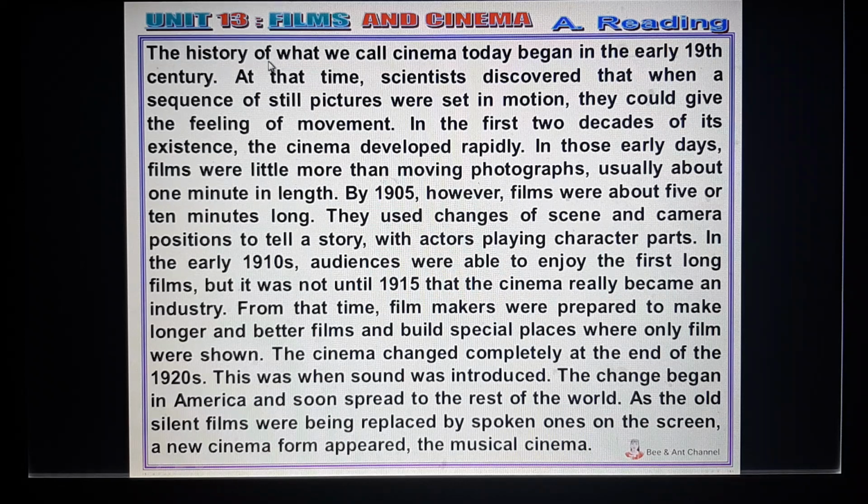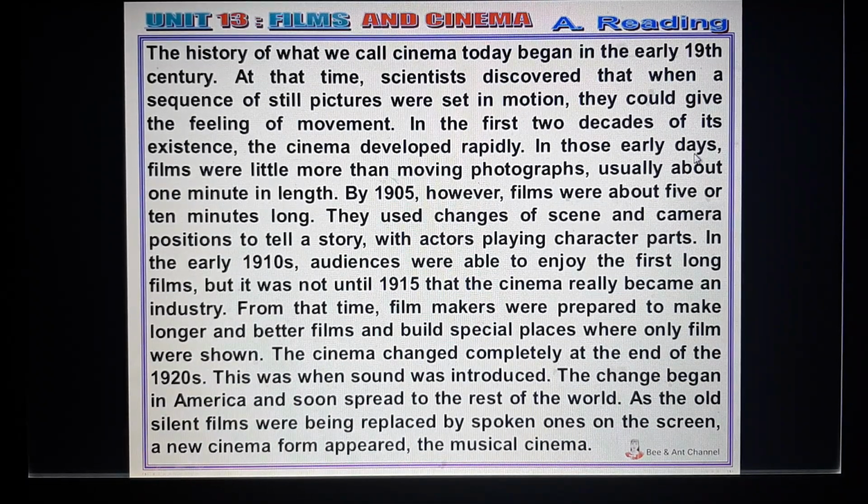The history of what we call cinema today began in the early 19th century. At that time, scientists discovered that when a sequence of still pictures were set in motion, they could give the feeling of movement. In the first 2 decades of its existence, the cinema developed rapidly.